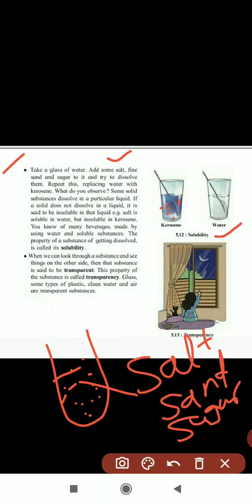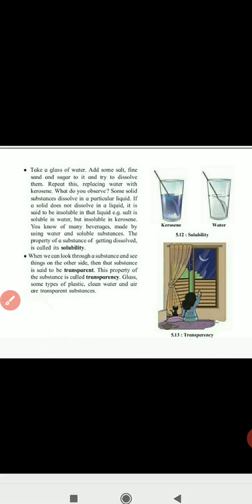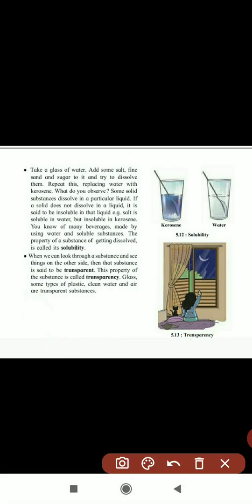Yes, so repeat this replacing water with kerosene. Yes, children. What do you observe? Some solid substances dissolve in a particular liquid. If a solid does not dissolve in a liquid, then it is said to be insoluble.